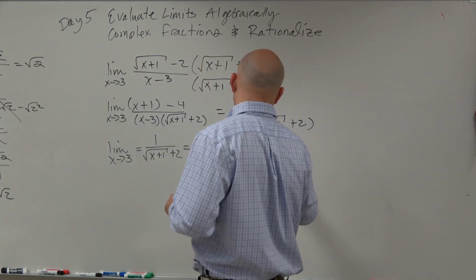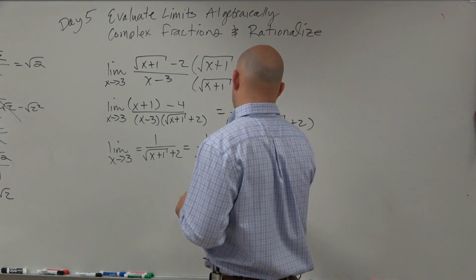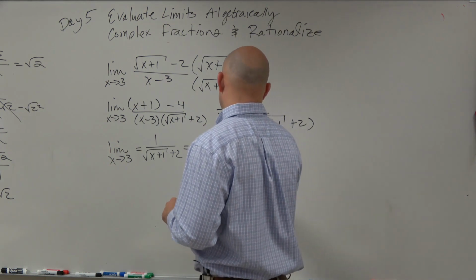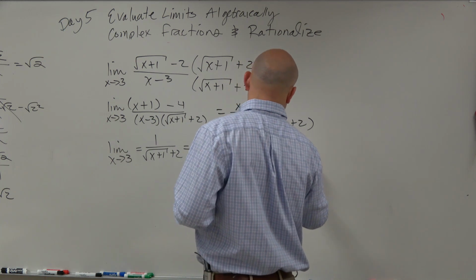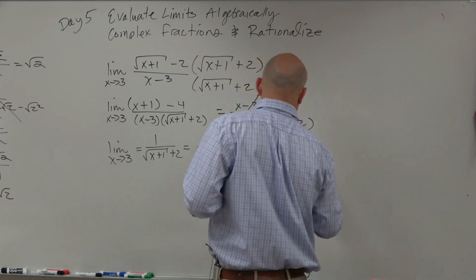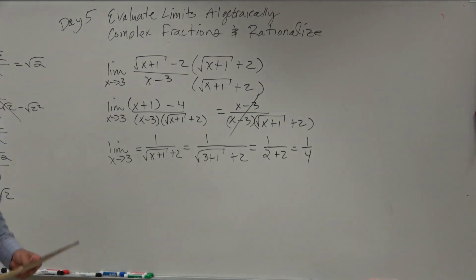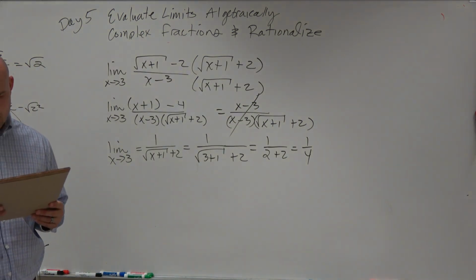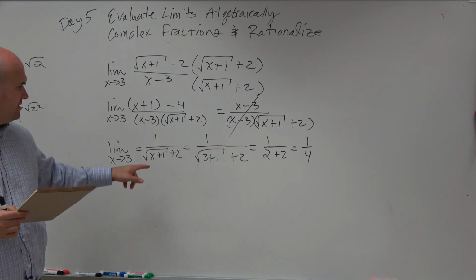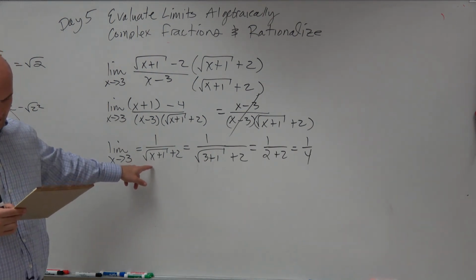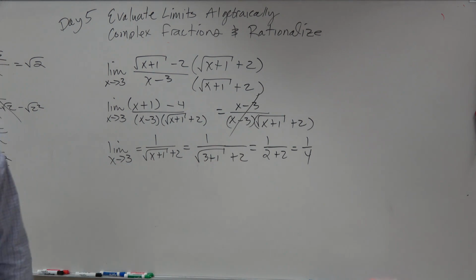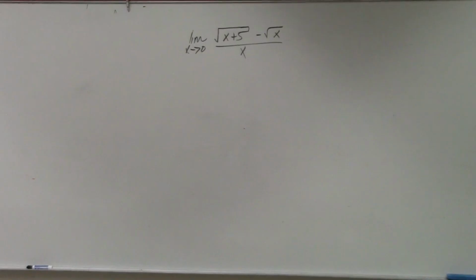So that's going to be 1 over 2 plus 2, which ends up being 1/4. Wait a minute, that's plus 1. Yeah, and then you evaluate 3. Okay, 4. Yep. All right.